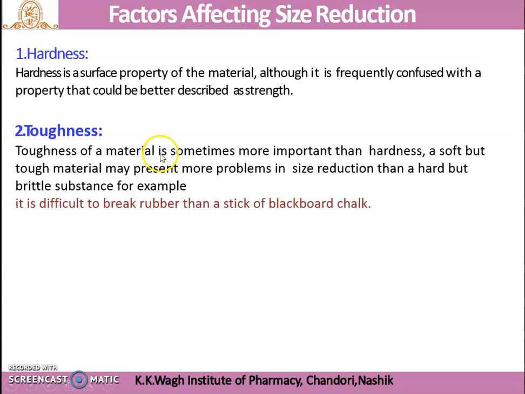Toughness of a material is sometimes more important than hardness. A soft but tough material may present more problems in size reduction than a hard but brittle substance. For example, it is more difficult to break rubber than a stick of blackboard chalk.